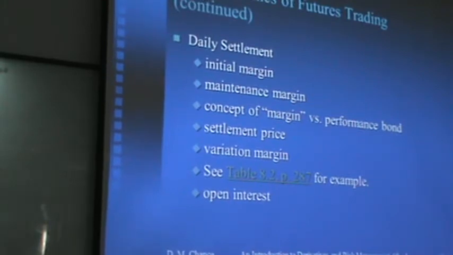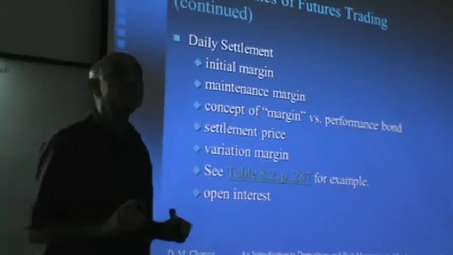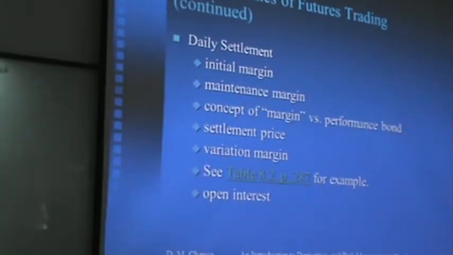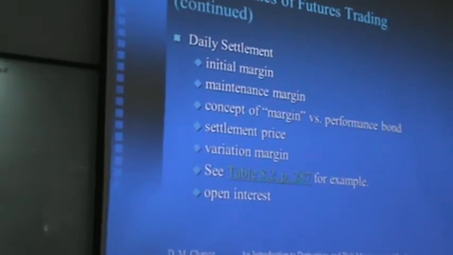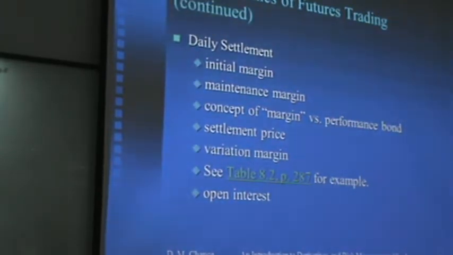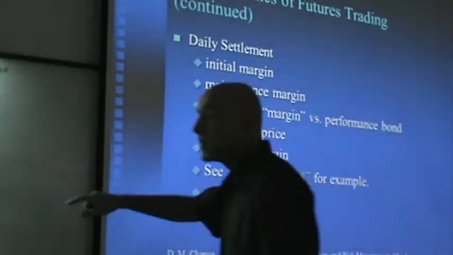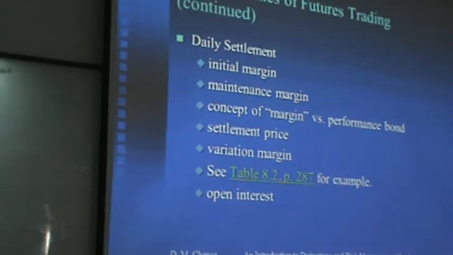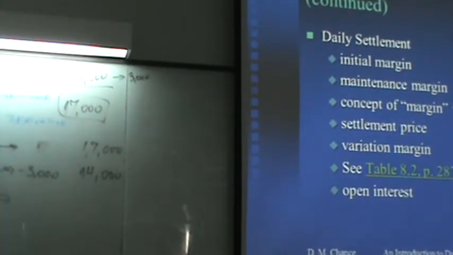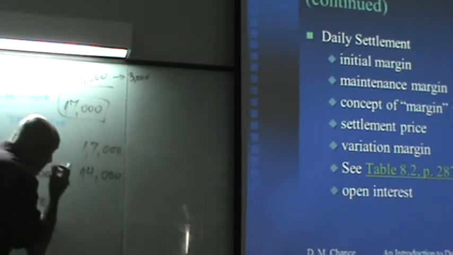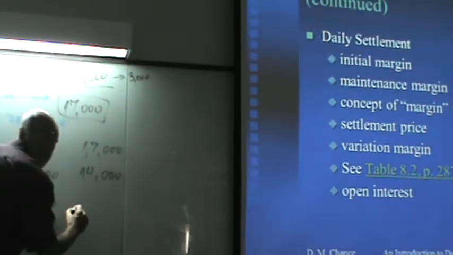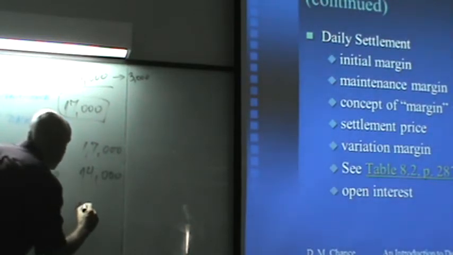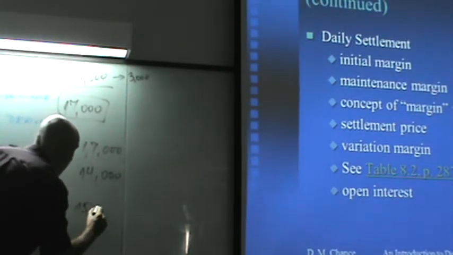Next one, you're lucky. You go to 1195. What's your daily settlement? How much you're up? Well, you're halfway over here, so you're plus 1,500 and you're up to 15.5.